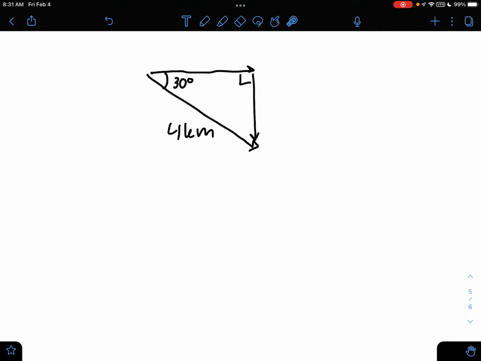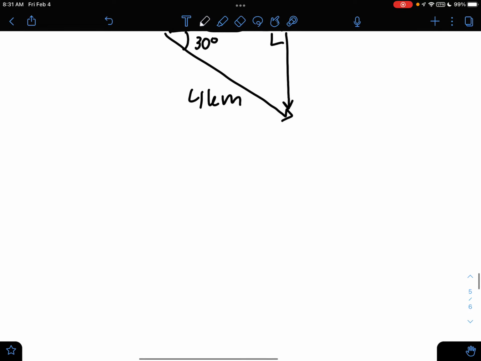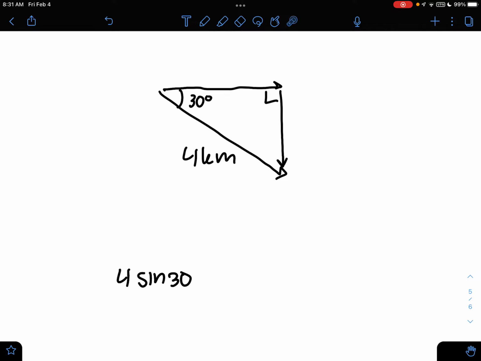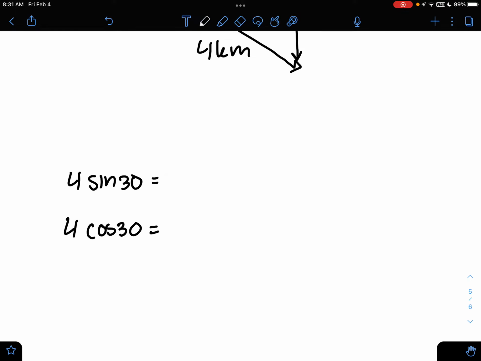So now you get that our opposite side, right, our north direction is going to be our hypotenuse times sine 30, right, because our opposite over hypotenuse would give us sine 30, so we multiply both sides by the hypotenuse to get the opposite side. We're going to do the same thing with cosine, hypotenuse, cosine 30. That's going to give us our north and east directions, respectively, right?